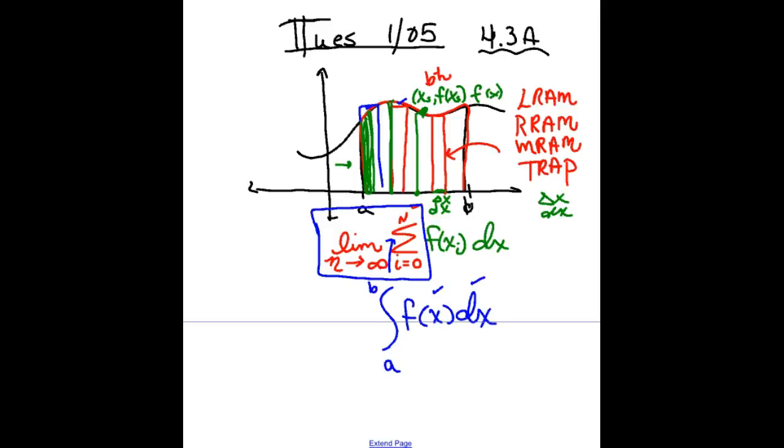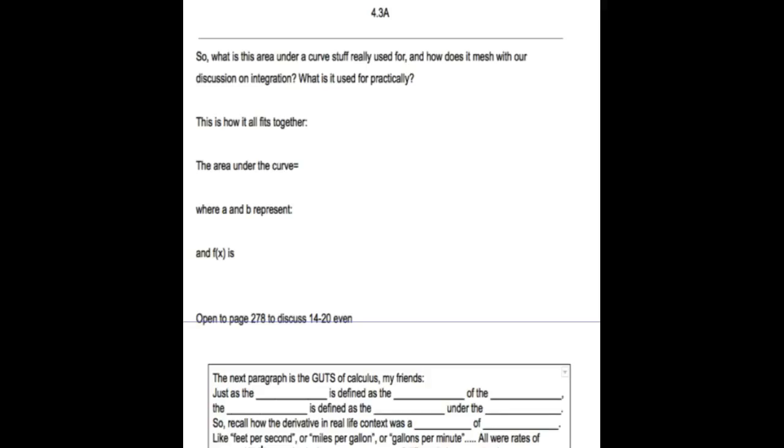This notation is new, but what it means is that you are going to add up an infinite amount of rectangles, which will yield the exact area under the curve.